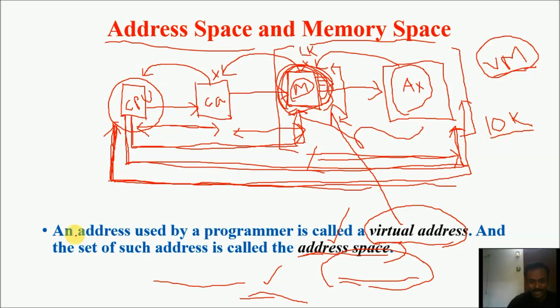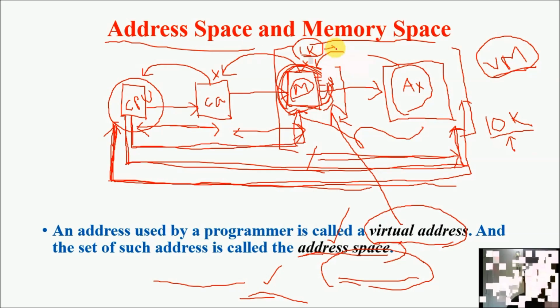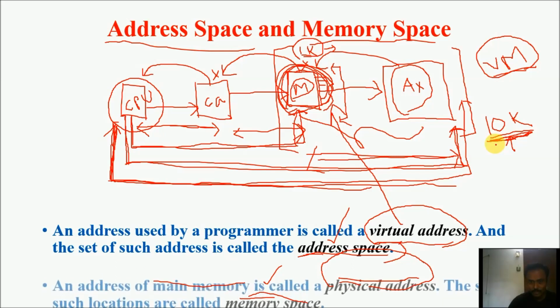So your CPU can generate addresses of size 10 KB. The total number of addresses will be 10 KB, which is obviously larger than the primary memory. So this 10 KB address is called the virtual address, and this 1 KB address is called the physical address.